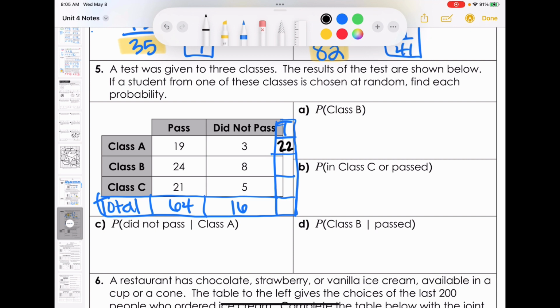Class B has 28 people in it. And Class C has 26 people in it. So when I add 22, 28, and 26, well, I added wrong. Oh, wait, hold on. 24 plus 8 is definitely 32. So that gives me 80.